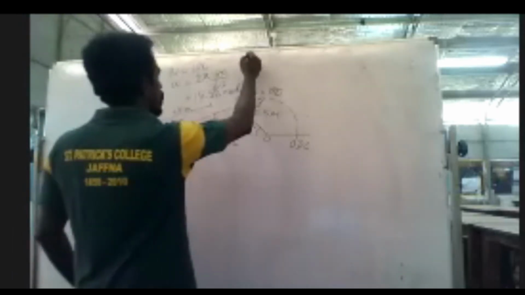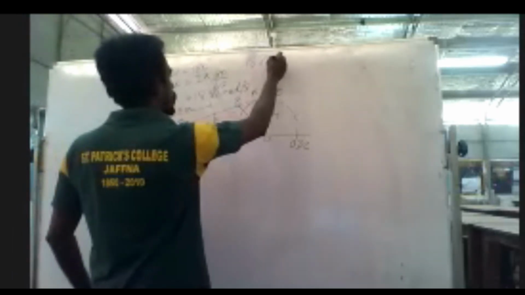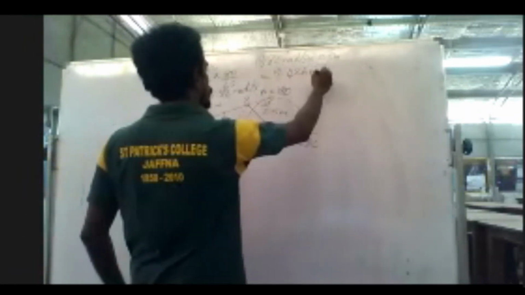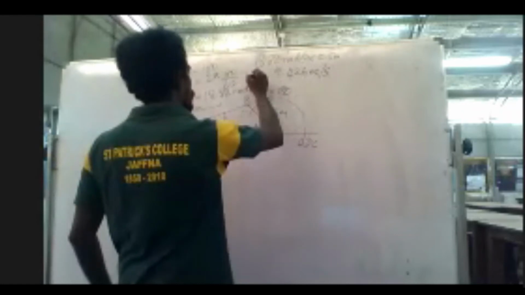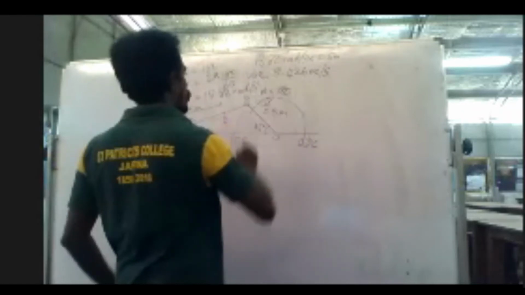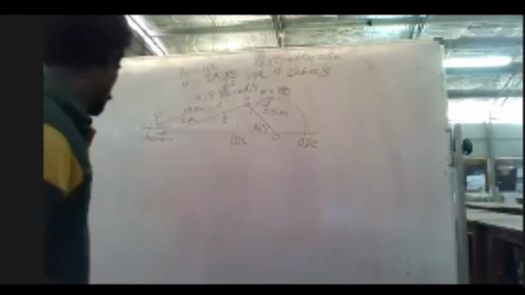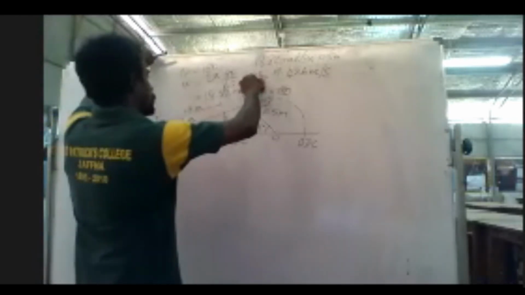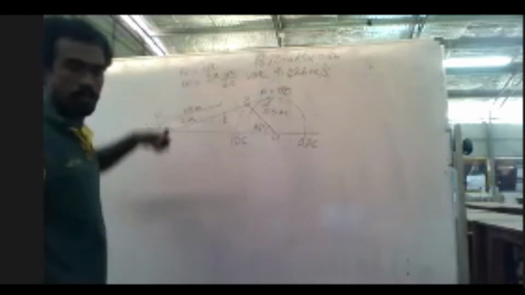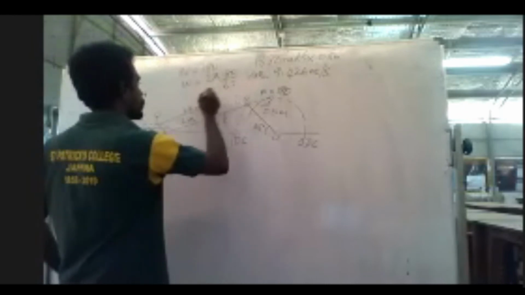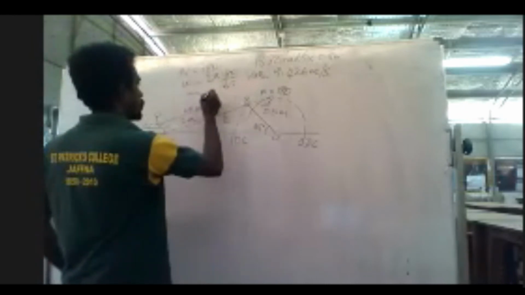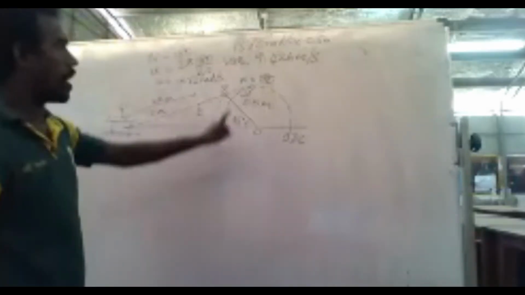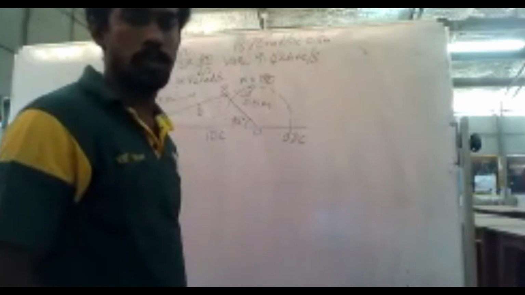So if my angular velocity is equal to 18.82 rad per second, the velocity is 9.426 meter per second, right? So velocity of B with respect to O is known.